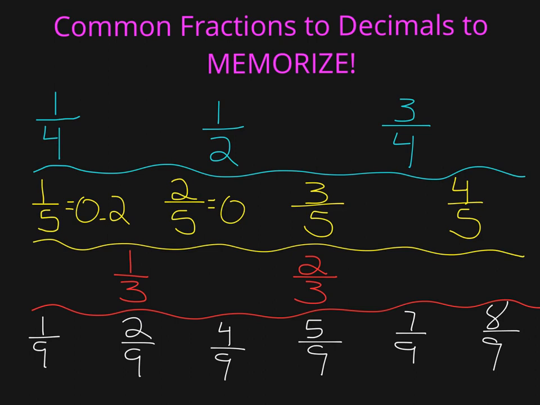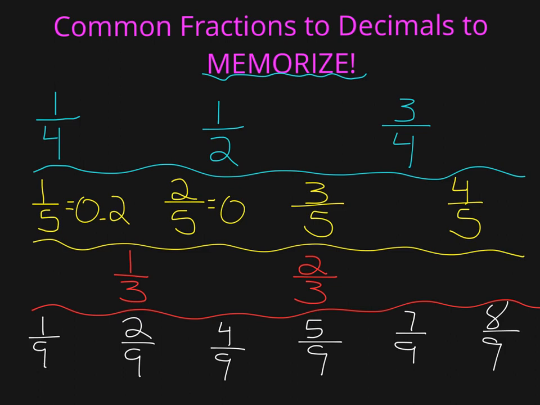Alright, so starting out, converting fractions to decimals, I definitely think that you should have some basic fractions in which you have their corresponding decimals memorized. You must just have some of them memorized. So, starting with the first three, 1/4, 1/2, 3/4.